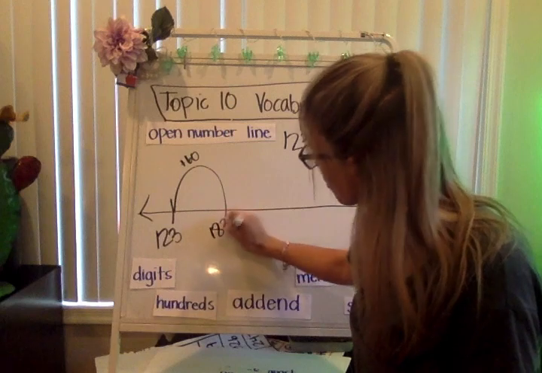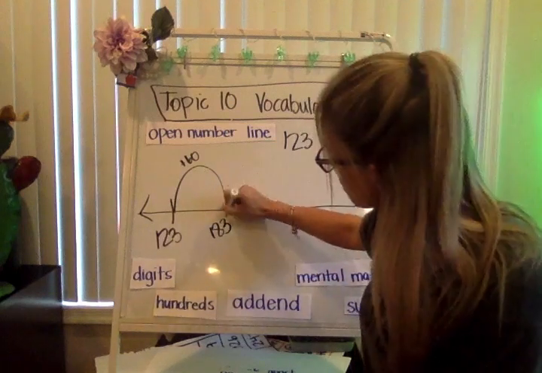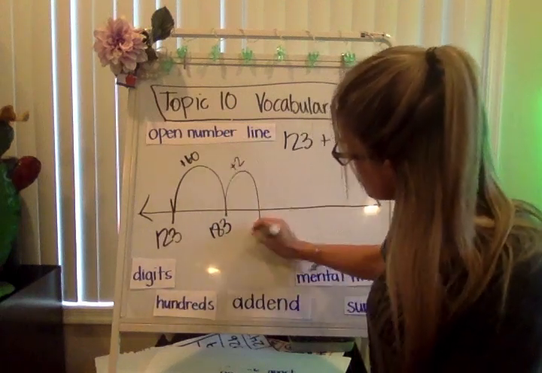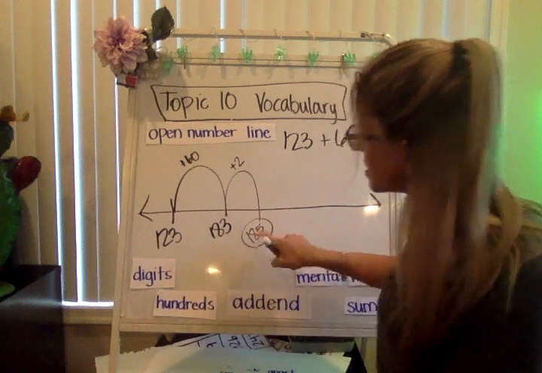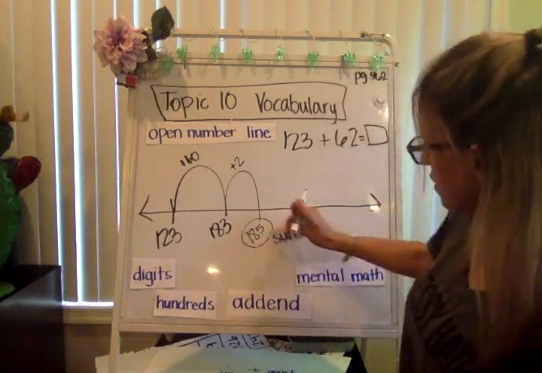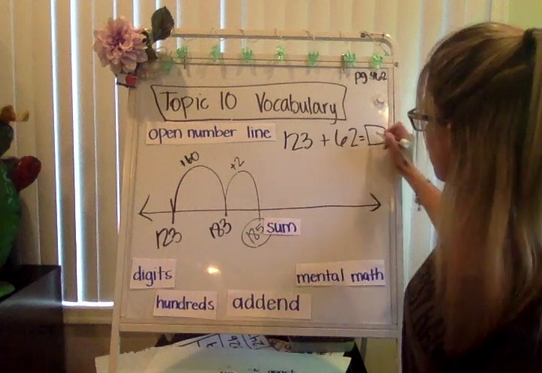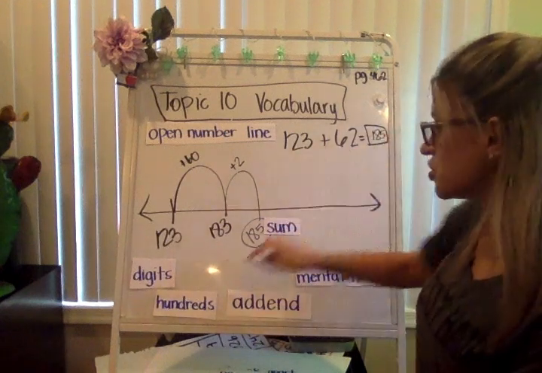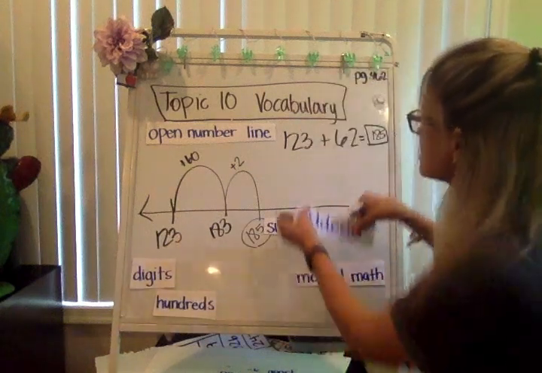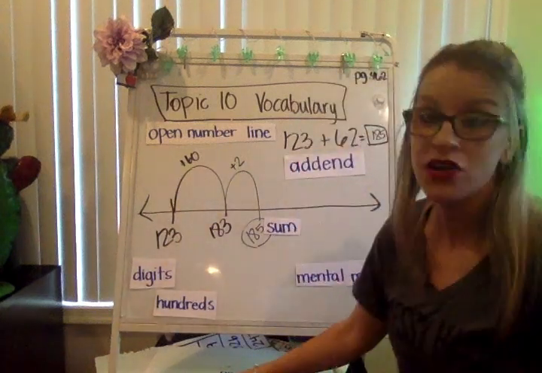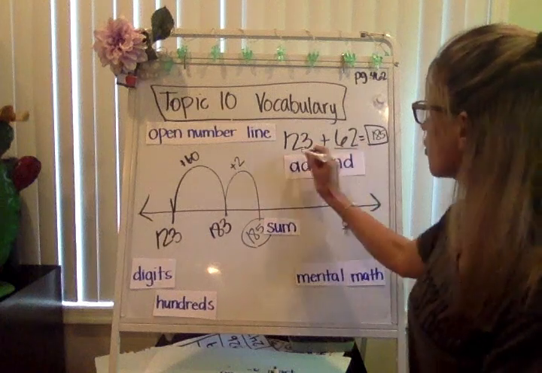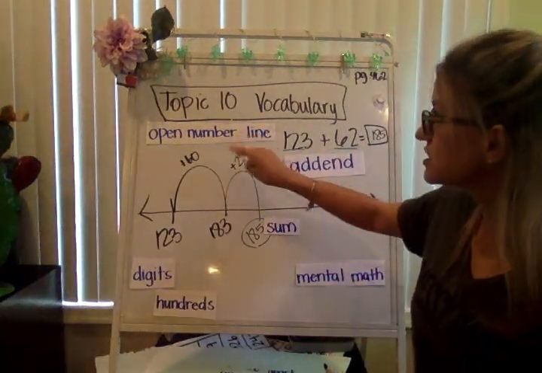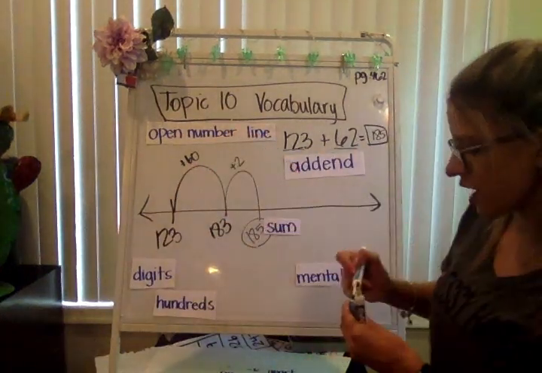So 183. And now I need to add 2. So 185 is the sum that I'm going to write in over here. 123 and 62 are both the addends, the numbers that are being added. Notice how all of these terms kind of go together. So we displayed this on the open number line.